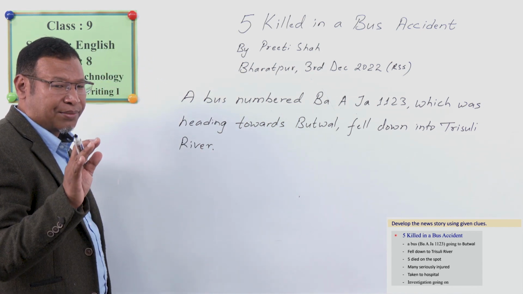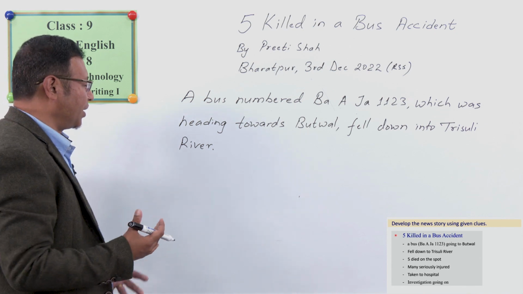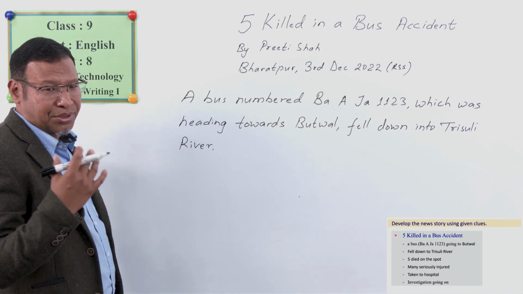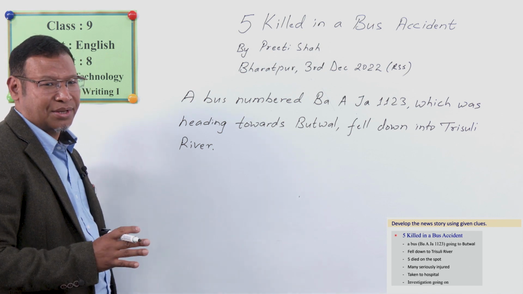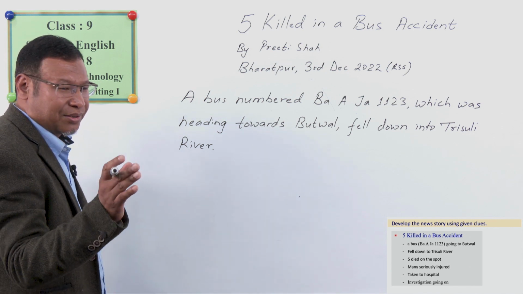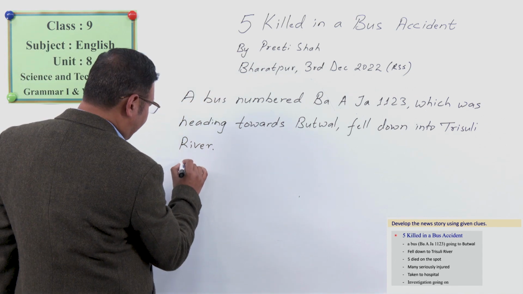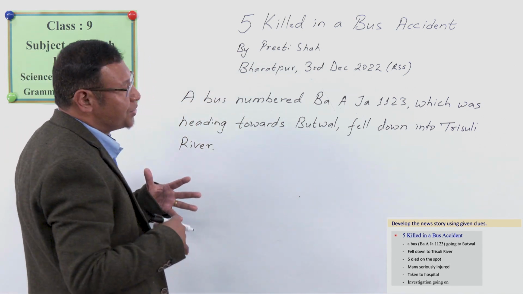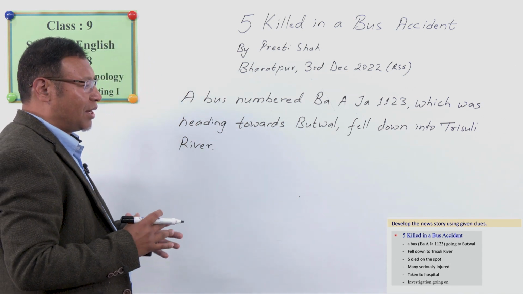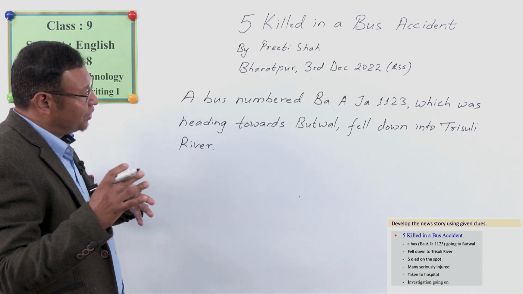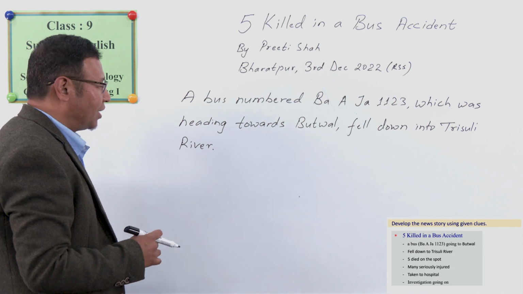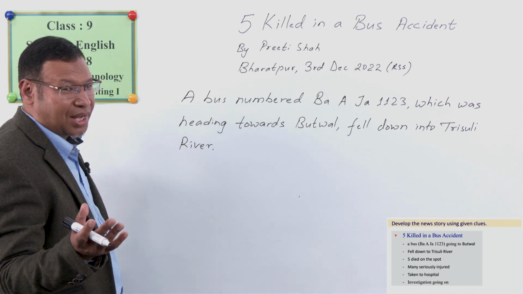So now we have other details of the story, okay. When we talk about the details, then you can add extra information, okay. But let's go to the main line. Sometimes in the news story you have to use other words like according to the local people, according to the witness, or it is reported that, like that.